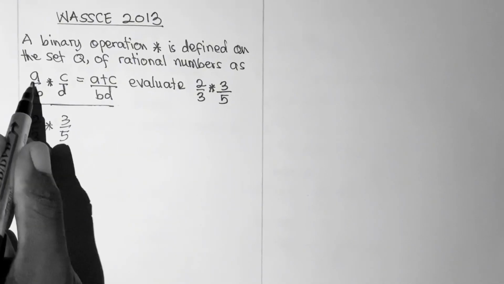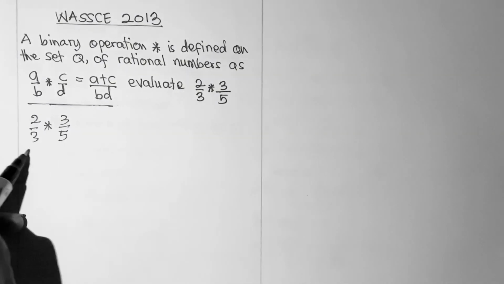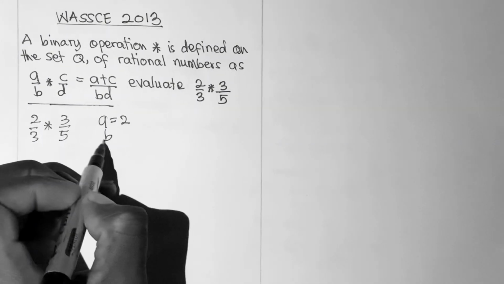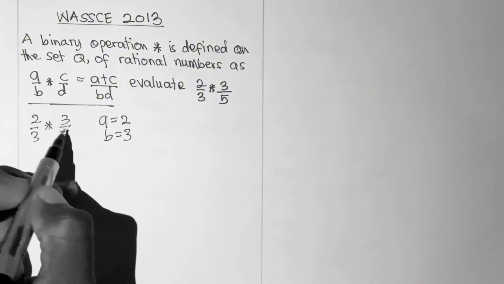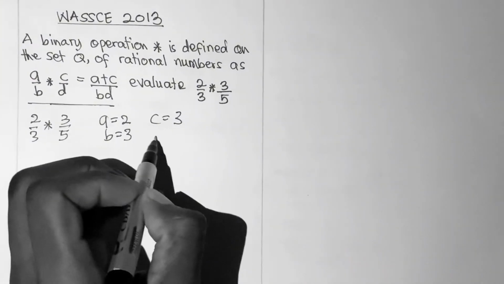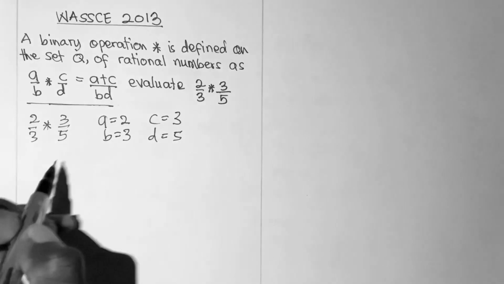So you can see from here, if we compare, here's A over B. It means that A is equal to 2 and B is equal to 3. Then here C is equal to 3 and D is equal to 5.